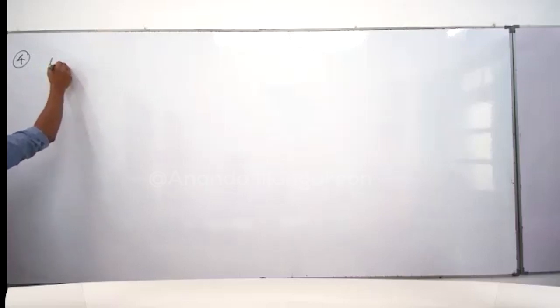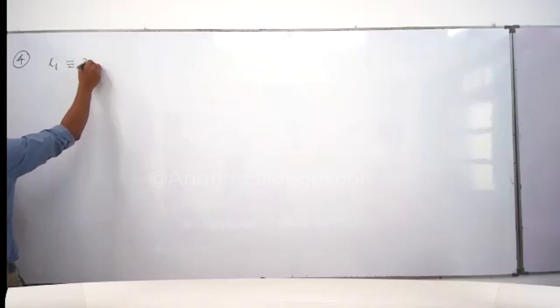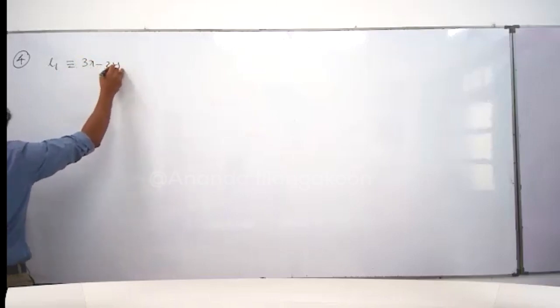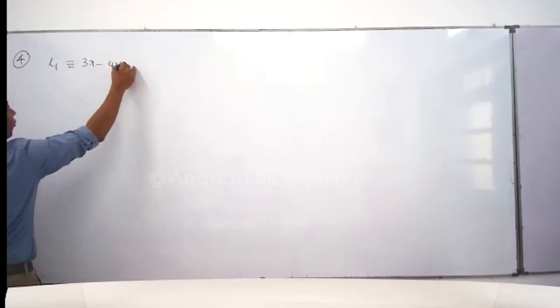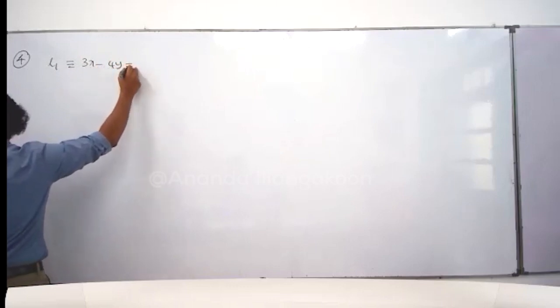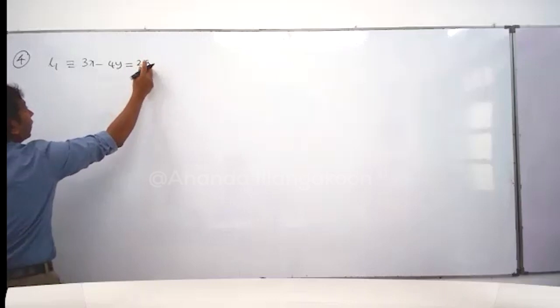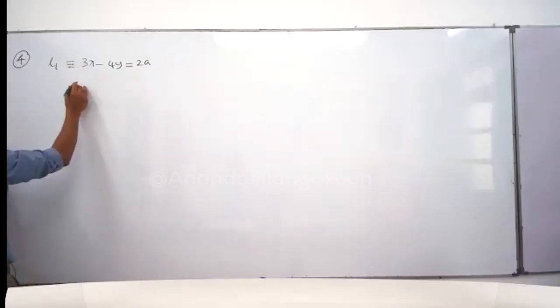Okay. Two lines, L1 and L2. L1 line 3x minus 4y is equal to 2a. Then I can take this 2a to the left hand side.